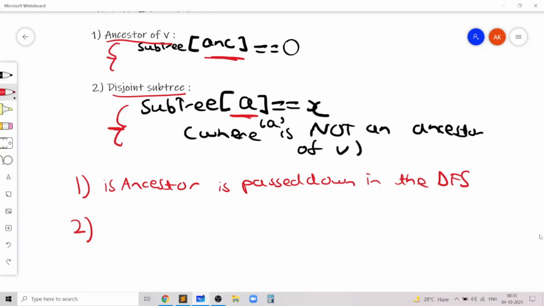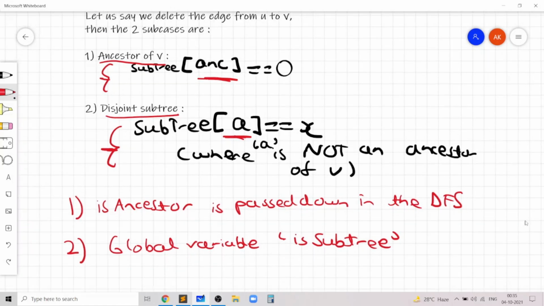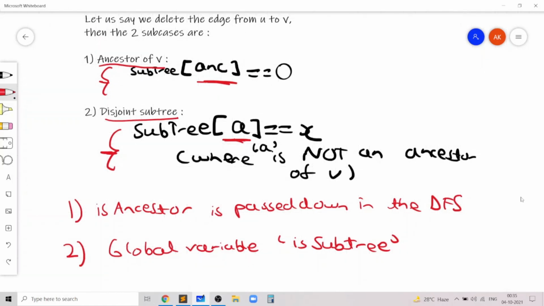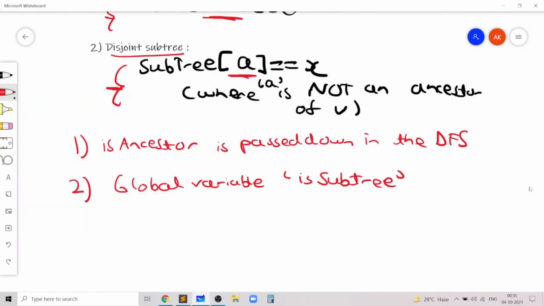So the trick which I'll be using is, I'll be using a global variable is subtree. So is subtree basically tells us whether there's a subtree which is disjoint from the current subtree of the node which you're exploring. So that's what is subtree stores.